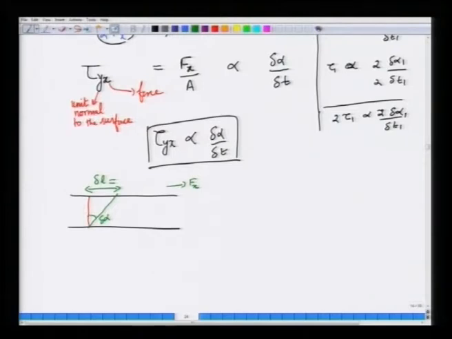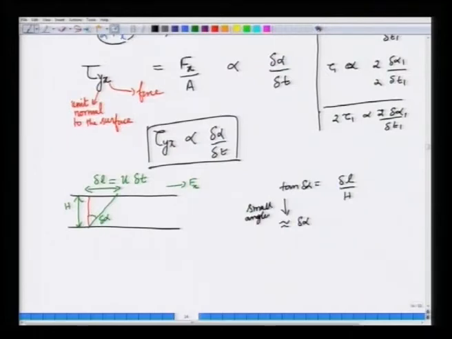So, delta L will be u times delta t. And this is h. So, from geometry we know that tan of delta alpha is delta L by h, and for small delta alpha, tan delta alpha is approximately delta alpha, for small angles.